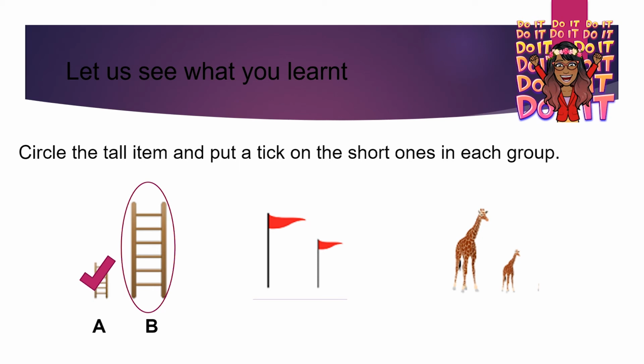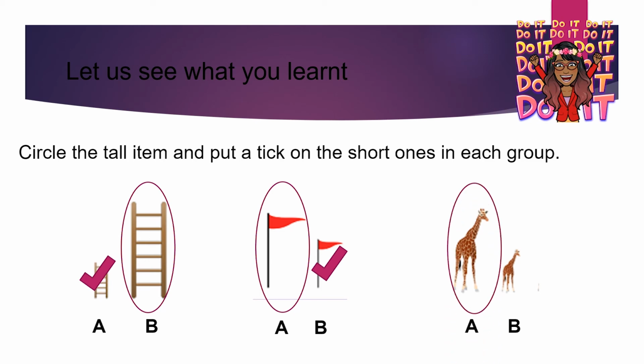In the second set, item A is tall and item B is short. And in the third set, item A is tall and item B is short. Awesome.